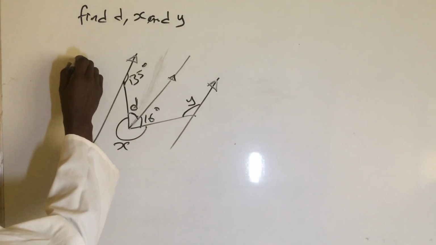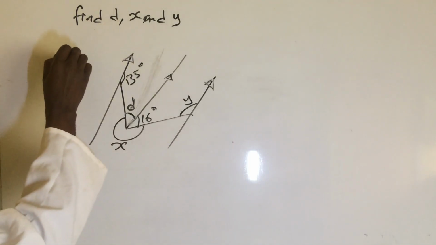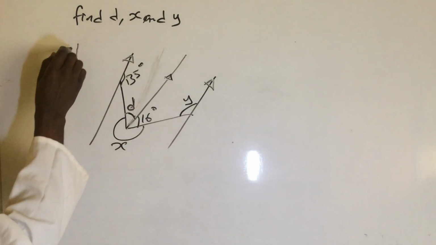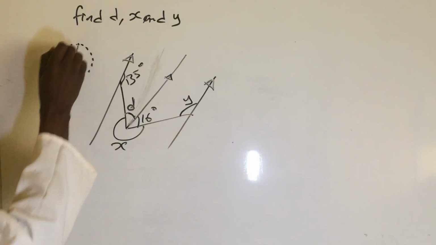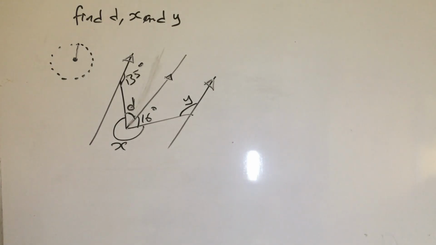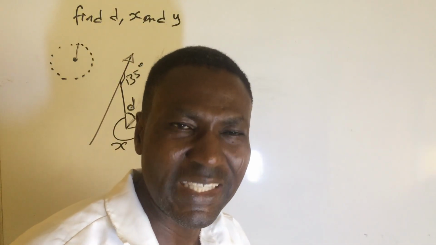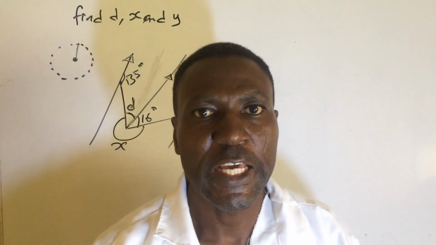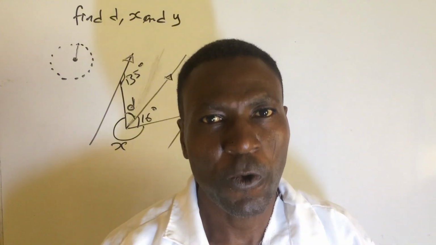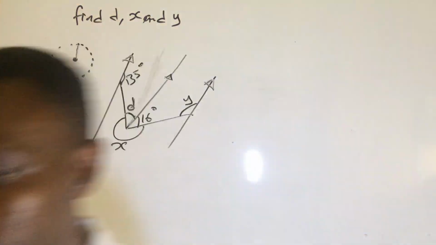If we have a point like this, and you decided to go around this point, and when you complete going around this point, you have completed 360 degrees. And as you can see, it has formed a circle. That is why we say the angle of a circle is 360 degrees. Please take note of this, all right?